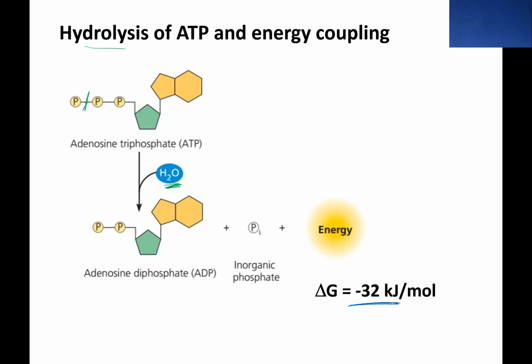So you don't need to know this number, I just want you to see that it has a negative delta G. And so this energy that's released is used to make endergonic reactions happen. So energy coupling is used to make endergonic, energy requiring reactions happen.